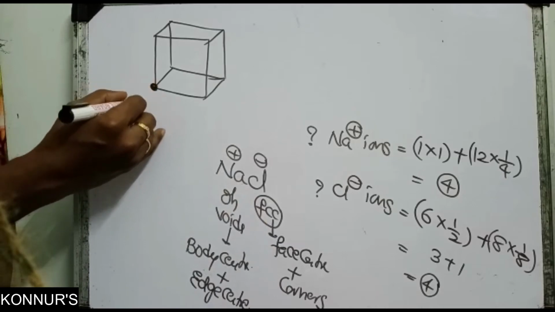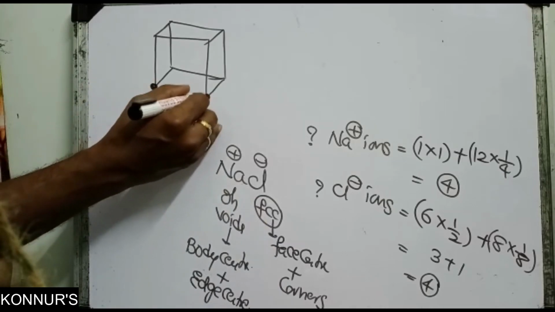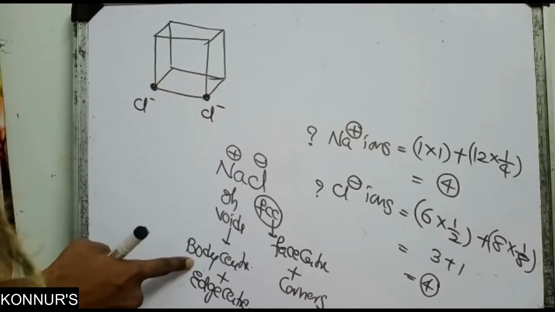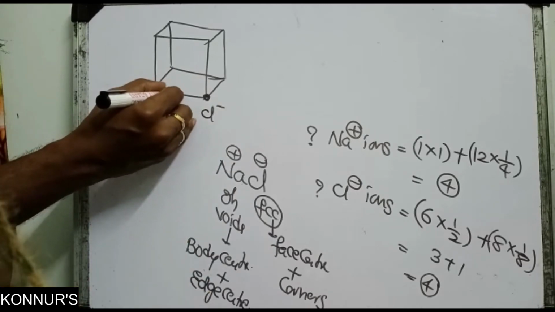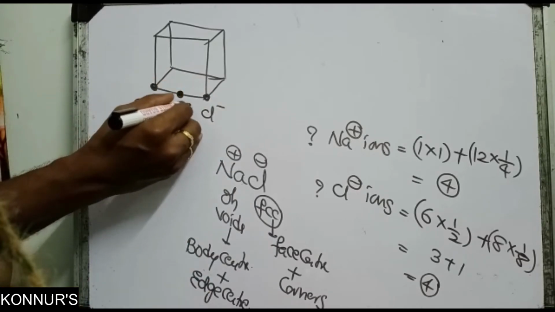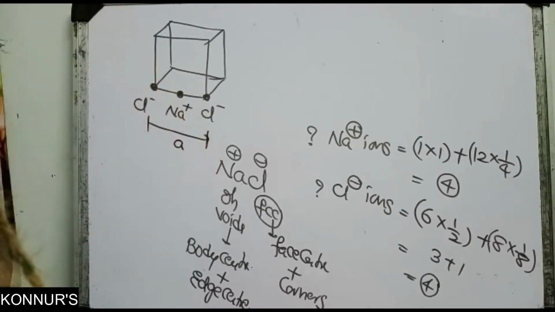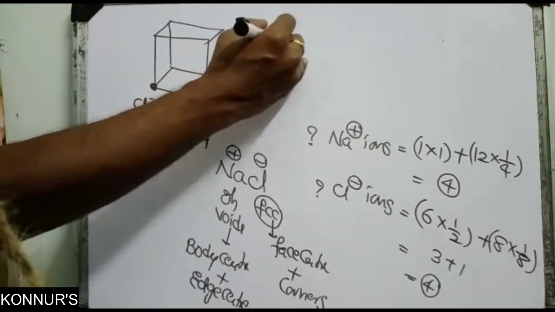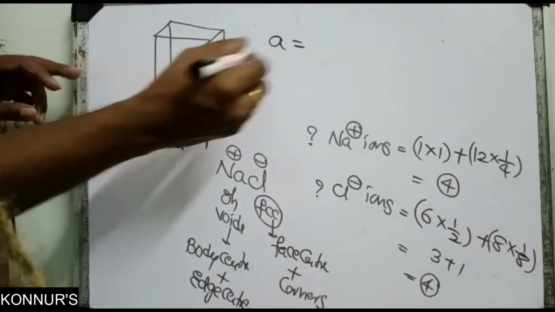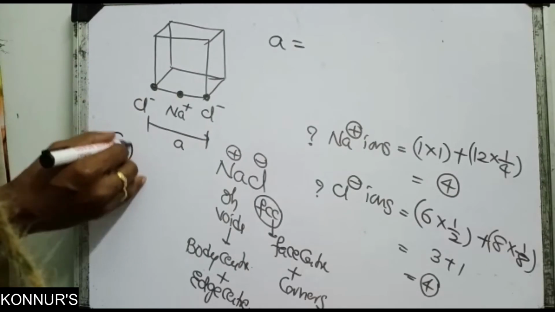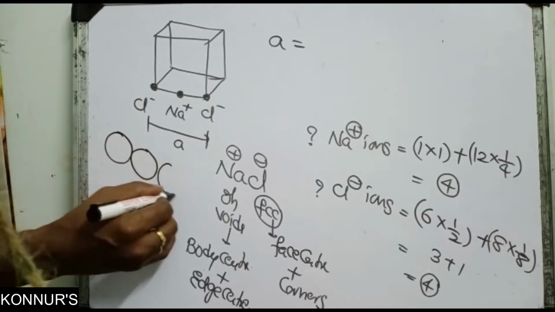Here Cl- is there, and here Cl- is there. Where is the sodium? Edge center. Here, at the edge center, Na+ is there. So from here to here is what you call the edge length. Cl is there, Na is there, Cl is there.